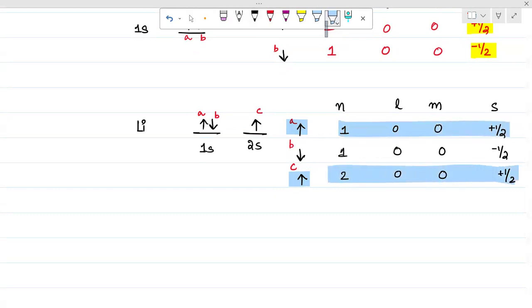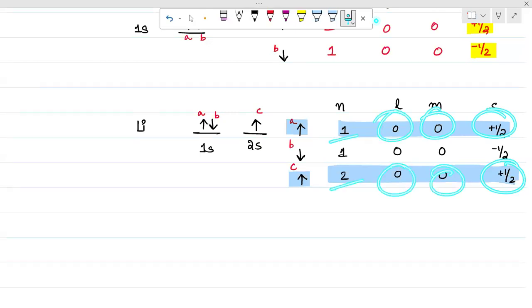This time, if you compare A and C, S is the same, M is the same, L is also the same, but N, there is a difference. So I hope you have understood now that if you take any two electrons within one system, it need not be within the same subshell, any two within the same system, they won't be having all the four quantum numbers with the same set of values.